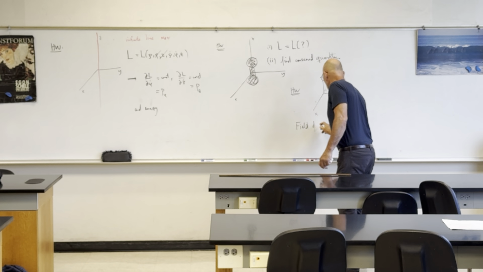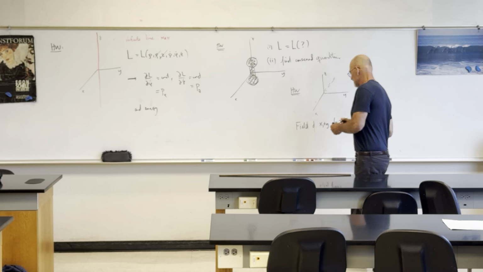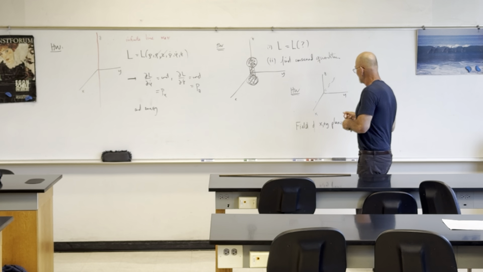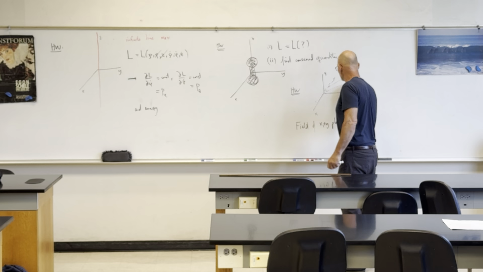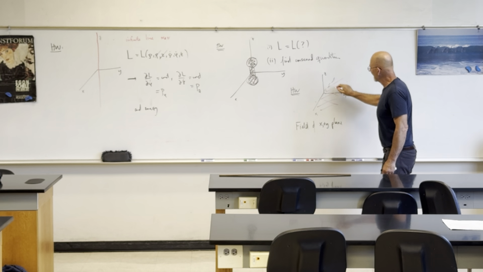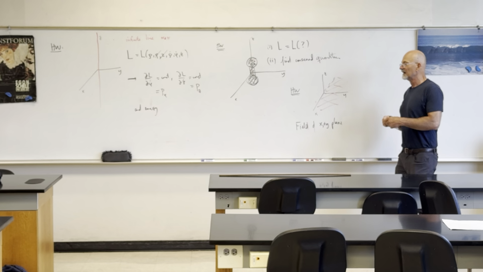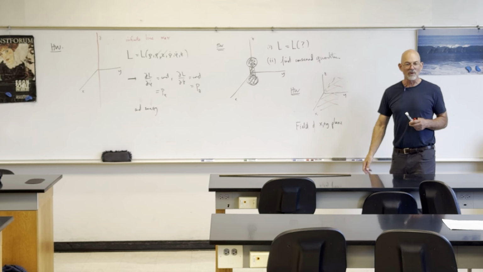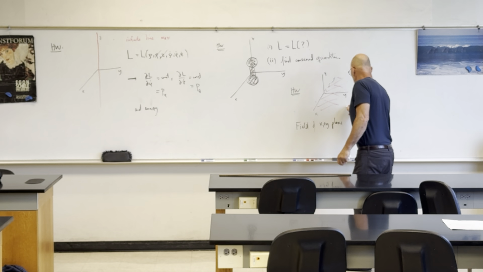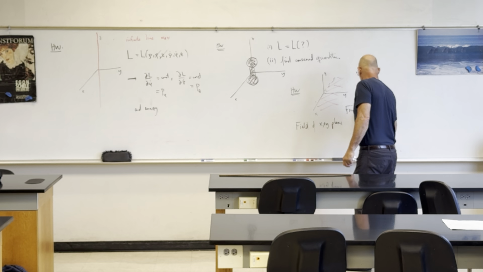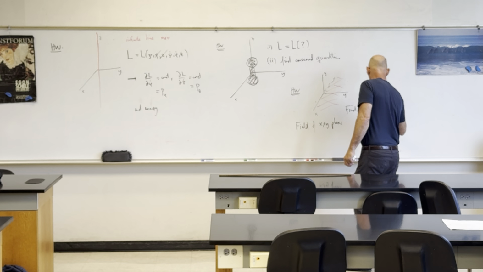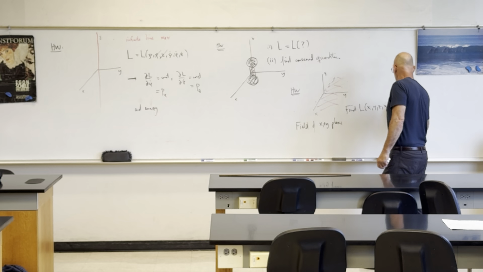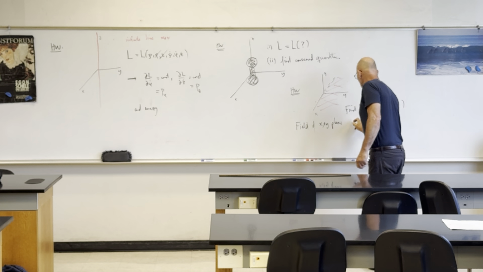It's the field of the X positive Y plane. So what we have is the XY plane, except only for positive Y, so that would be this half. Based on that, what's the form of the Lagrangian? You're definitely using Cartesian coordinates now. So I'll just write: find the form of L of X, Y, Z, X dot, Y dot, Z dot, and the conserved quantities.